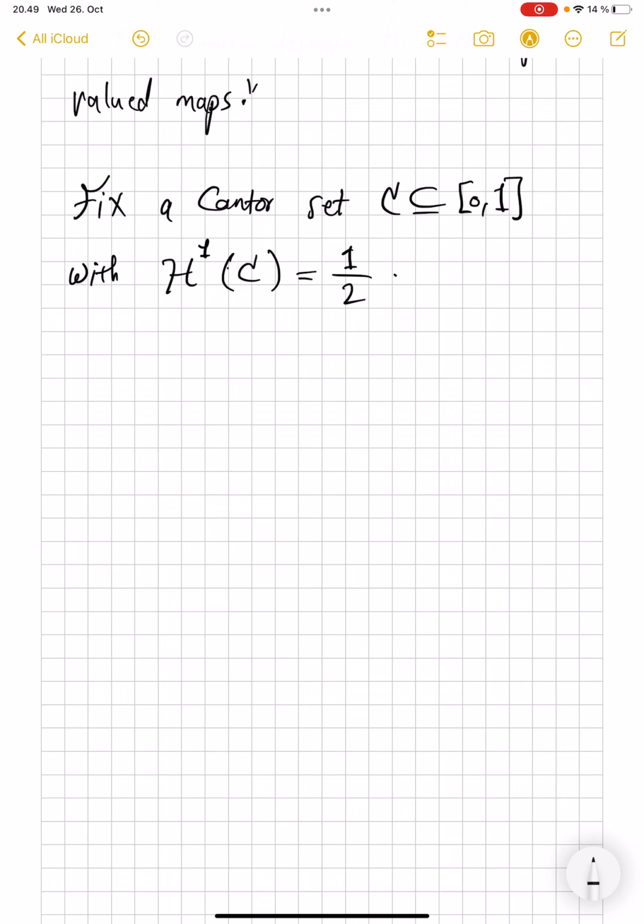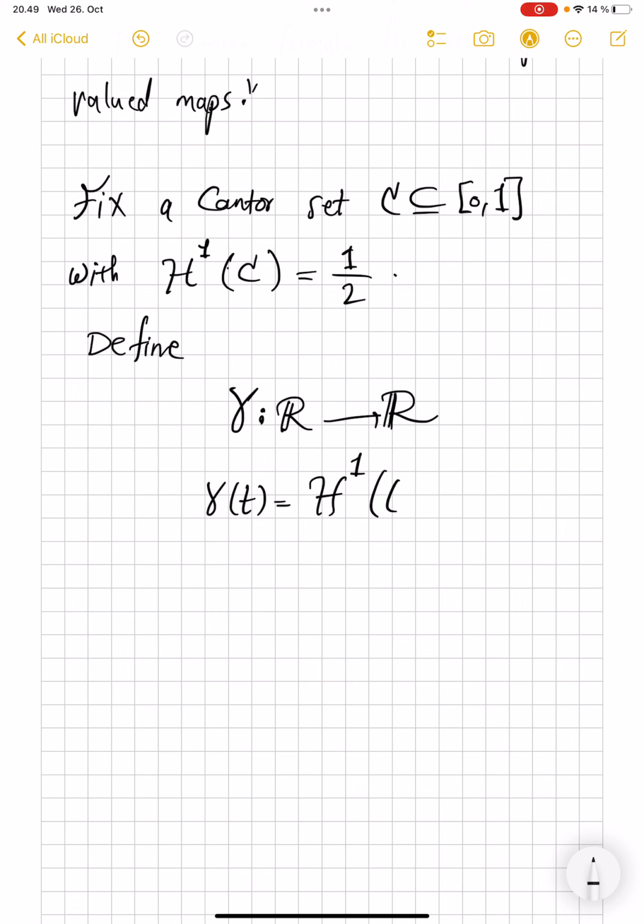Okay, what we then do is define a function from R to R by gamma of t to be the Lebesgue measure, which is equal to the H1 measure of the part of the complement of the Cantor set up to t.